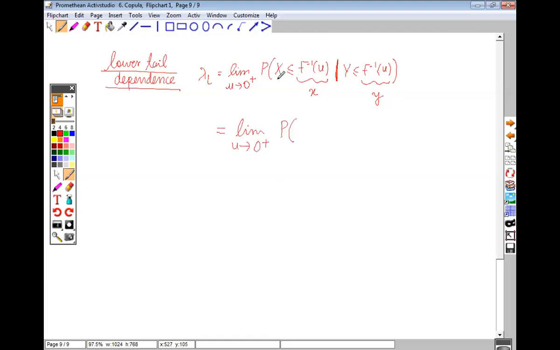I'm going to use my Bayesian formula to dissect this, so I can put a comma here, and this will be divided by the probability that I observe this y. So again, what I can do is rewrite this one joint probability as what? As my copula of u comma u upon the probability that my y will exceed the value of y.